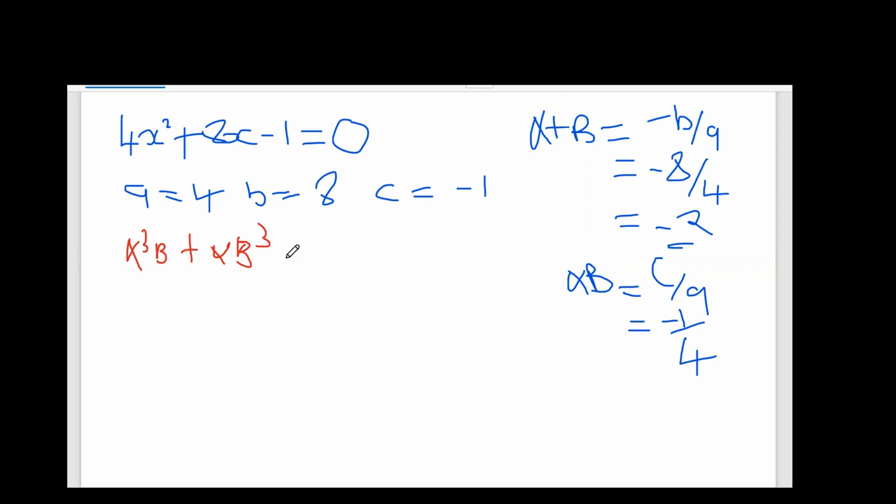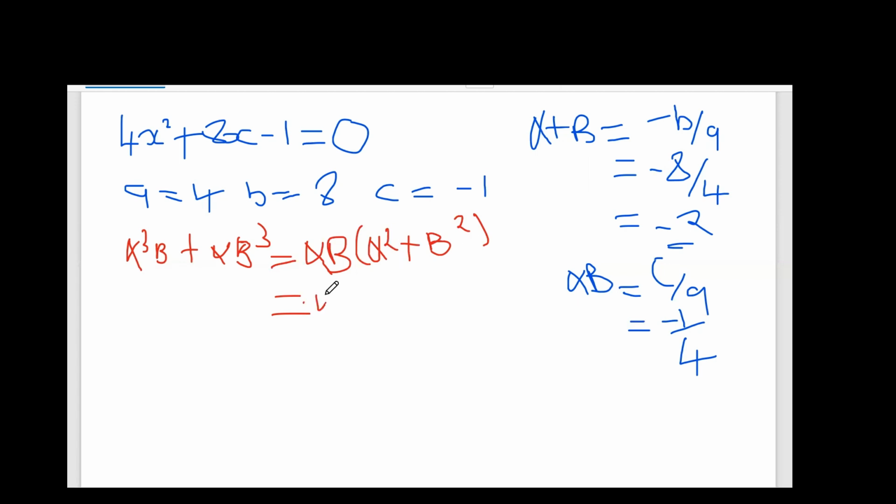If we simplify this, we can see that alpha is common and beta is common. So we can factorize alpha beta, and inside we are going to have alpha squared plus beta squared. Then moving forward, this alpha squared plus beta squared does not exist in this form, so we have to simplify. It has an identity, and you have to know this identity by heart.